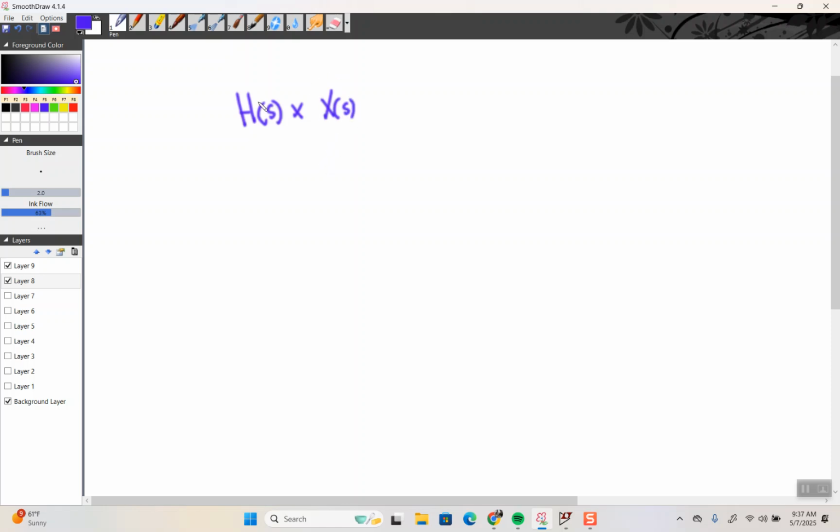So this is the transfer, and this is the input, and then you multiply it by S, okay?